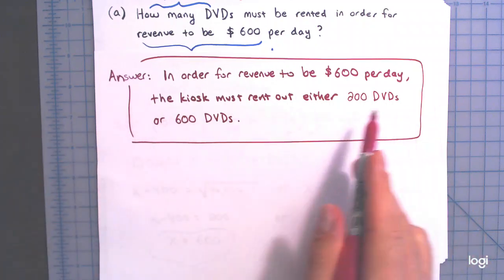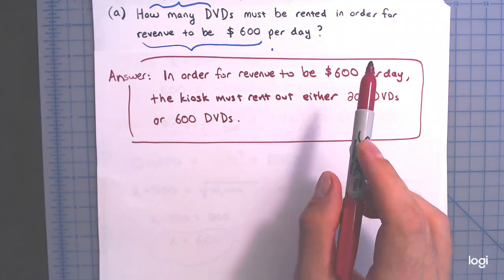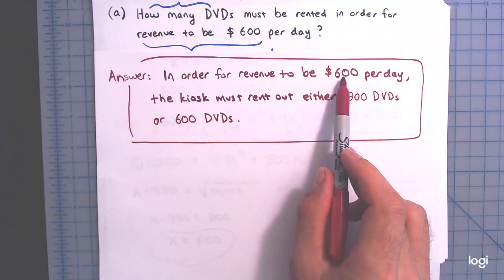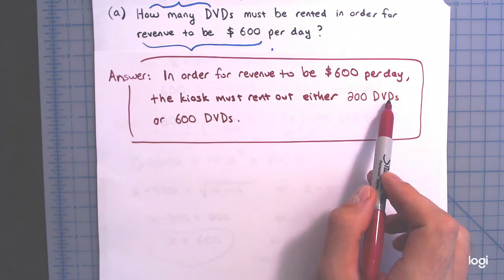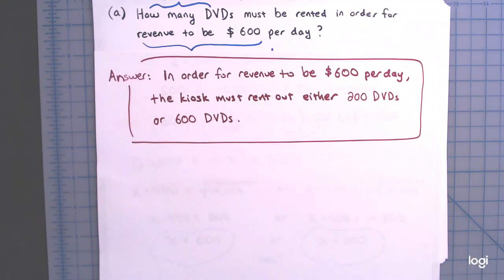Again, notice complete sentence, and every number that was mentioned had units attached. $600, 200 DVDs, 600 DVDs, so that the numbers actually have meaning.